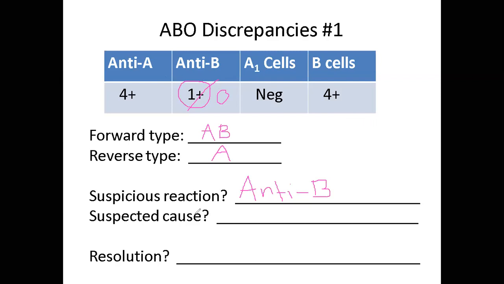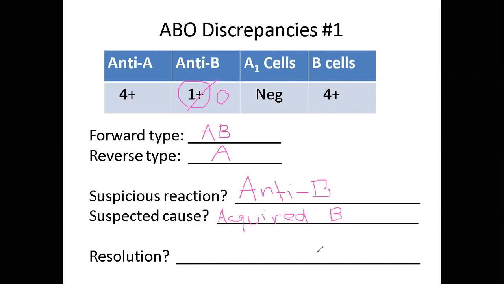So we have to think about what are some reasons an individual might have this extra B antigen showing up. We talked about something called acquired B. Acquired B is a type A person who looks like they have acquired a B antigen.